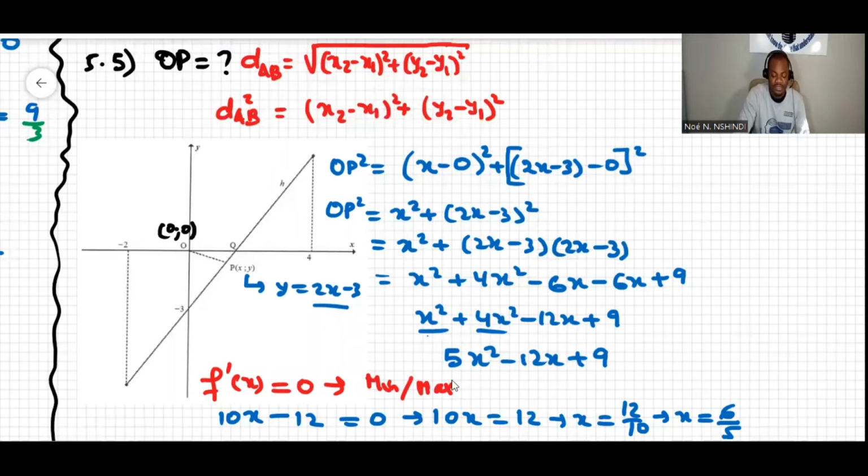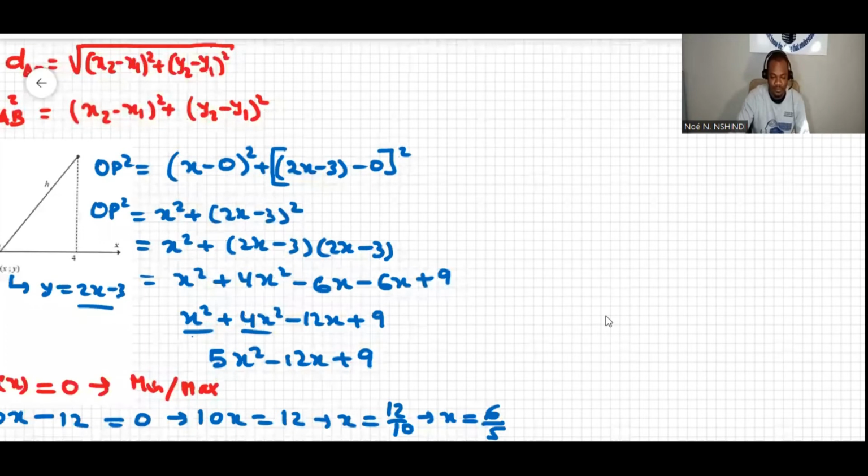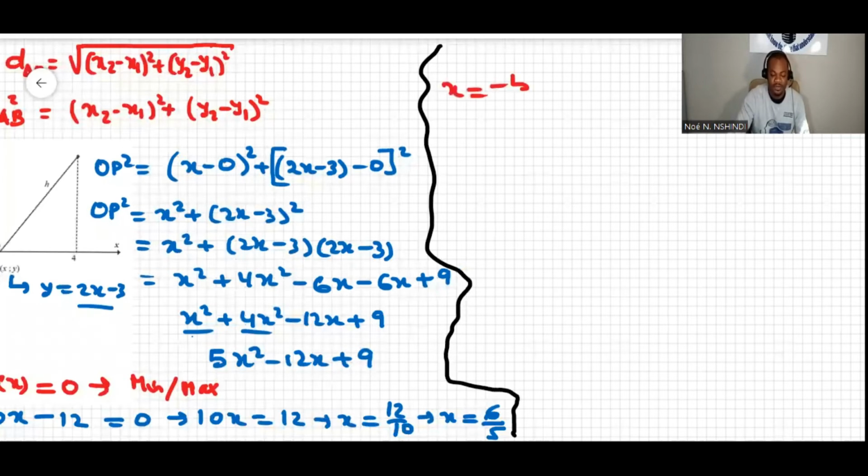Now, another way of solving the same problem, if someone may not be comfortable using the derivative, is to find the minimum by using the quadratic formula. Let me split the board like this. We can use the quadratic formula, x is equal to minus b over 2a.